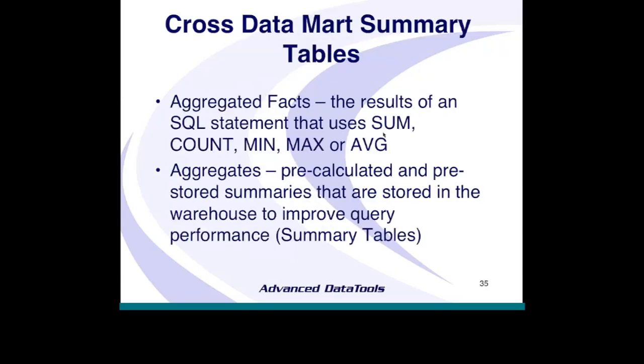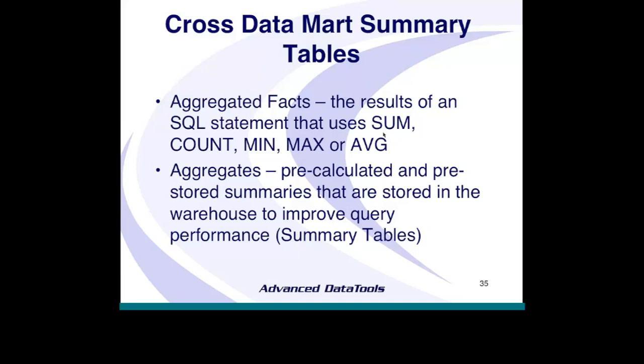Now, the key to an enterprise data warehouse are what I call the cross Data Mart summary tables. And a summary table is where you take your facts in your fact tables and aggregate them some way, pre-calculate them.